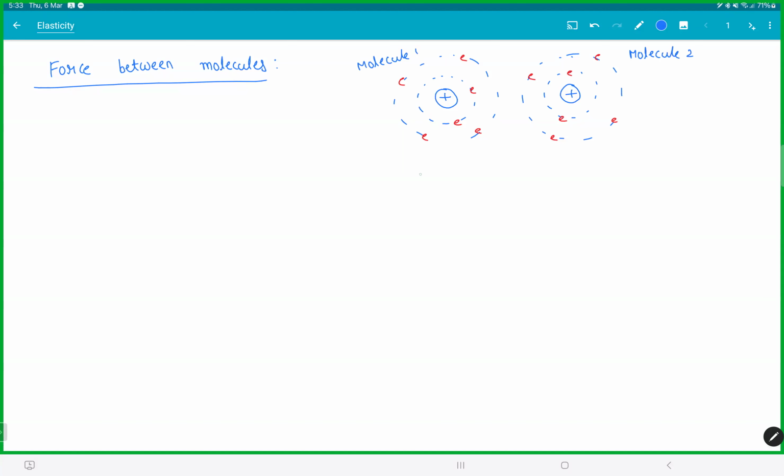So the nucleus 1 attracts the electrons of molecule 2 and vice versa. This actually results in attraction. In case of gases, this is what we call van der Waals forces, and this force is attractive in nature.